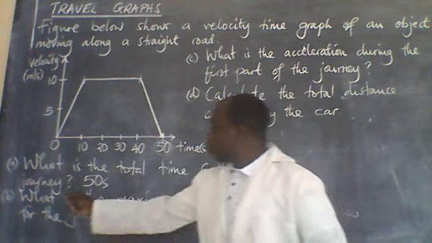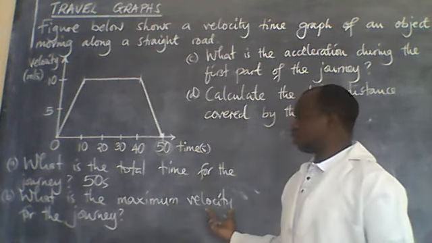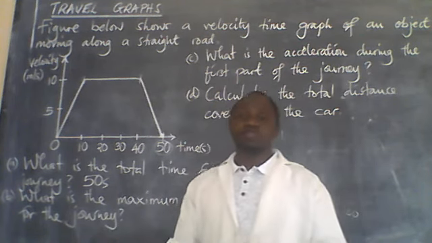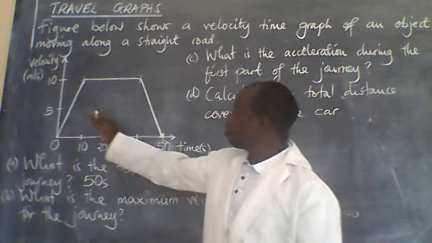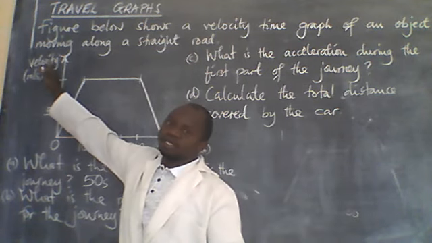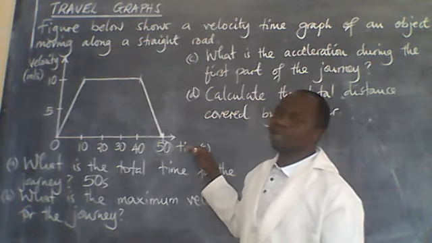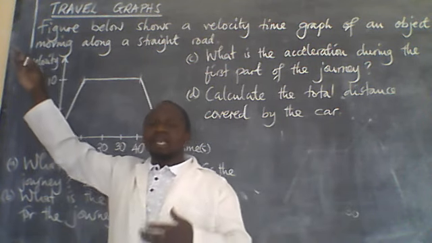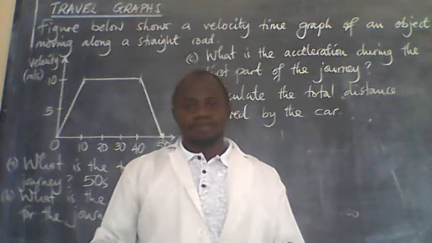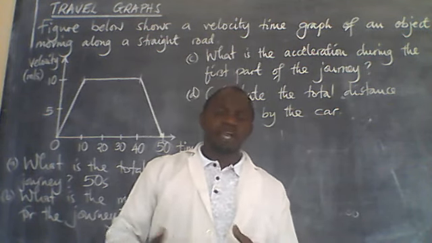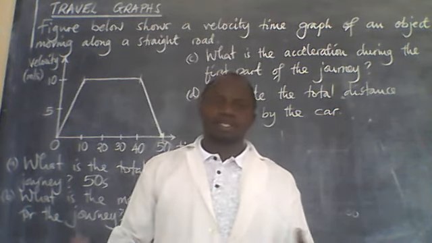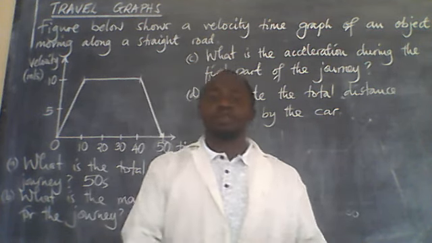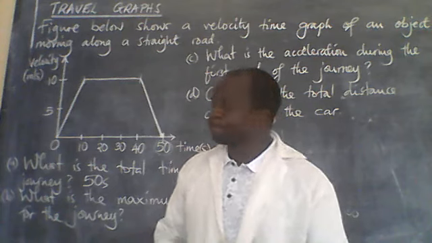Second part, what is the maximum velocity for the journey? Well, velocity is this side. This time you will be able to find time, then this side velocity. If not velocity, then there will be speed. Remember, velocity and speed are the same, except that velocity is a vector quantity while speed is a scalar quantity.